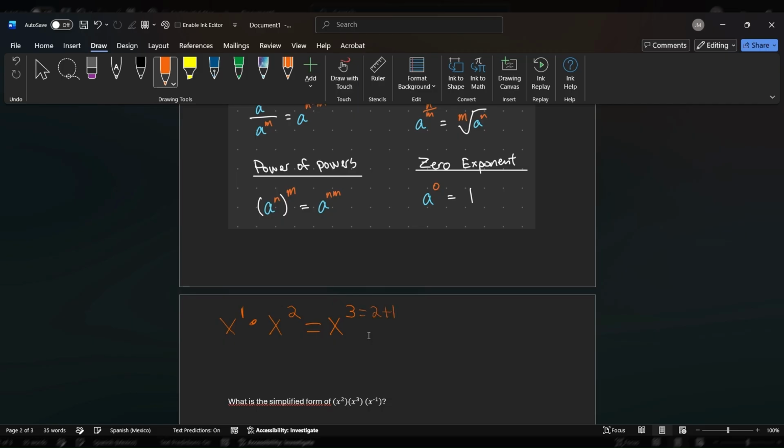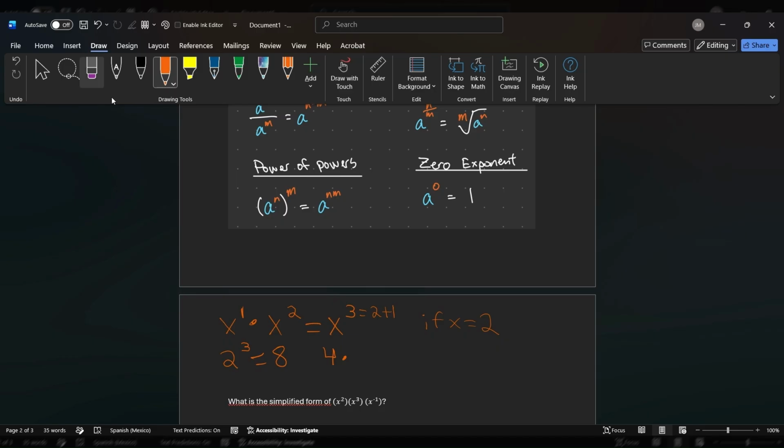Okay, and let's switch it with numbers. We got 2 to the 3, and if x equals 2, 2 to the 3, how much is that? It's 2 times 2, 4, and 8, and that should give you the same result as having 2 times 4.